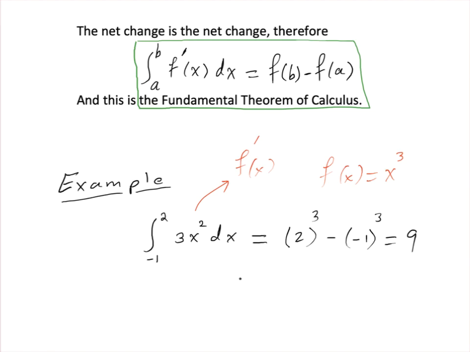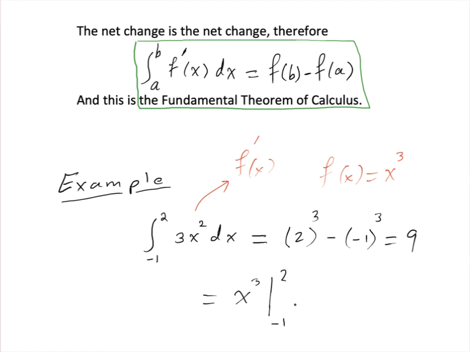The more systematic way of writing this when you're solving this integration problem is to say this is equal to, write the antiderivative x cubed, this is without c, and then we put this vertical bar at the bottom. We have -1 at the bottom, 2 at the top.